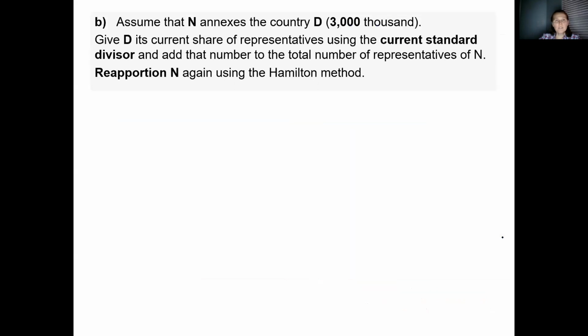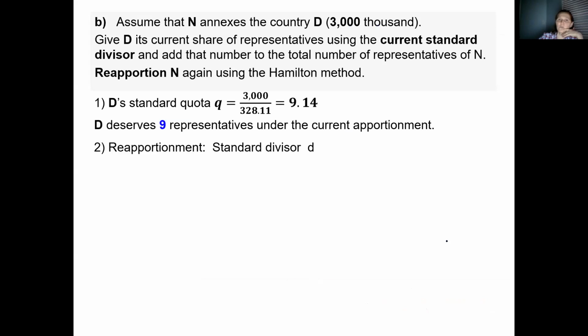Now suppose that N annexes the country D with a population of 3,000, and we give D its current share of representatives using the standard divisor of the current apportionment, and add this number to the total number of representatives of N. So the standard quota of D will be 9.14.